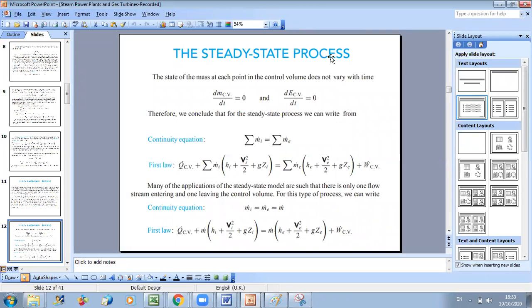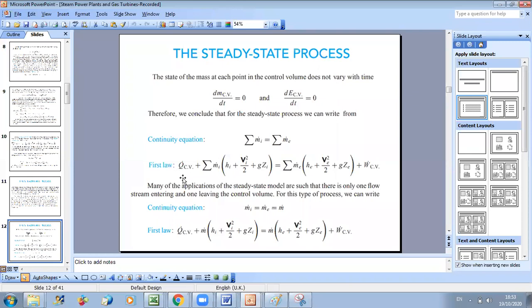So from the continuity equation, which is due to the conservation of mass, I can say that the sum of mass flow rates that are in is equal to the summation of mass flow rates that are out. And for the energy, if I replace into the first law of thermodynamics, then dE by dt is equal to 0.